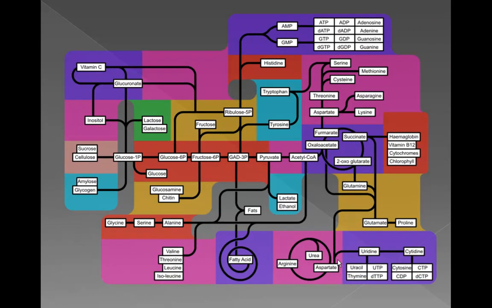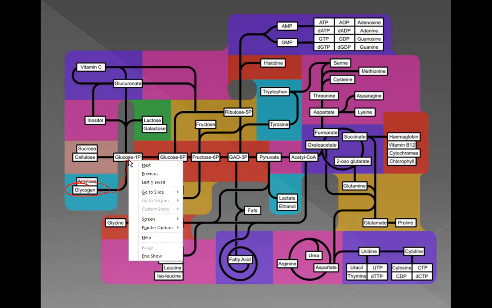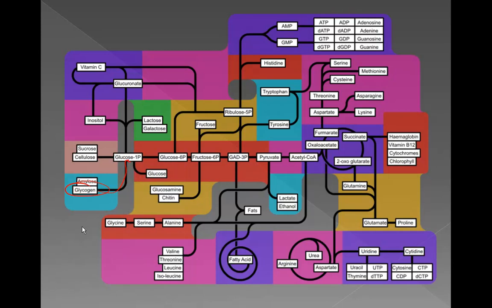In one example, and this is a crazy diagram, but it has some pretty colors, so we could have a look at it. Here's some glycogen into glucose, and there's a lot of different things that we can do with glucose, but here is one pathway that can lead to ATP.